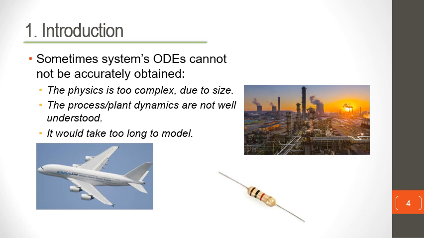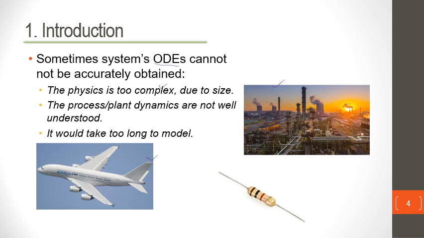Sometimes we have explained that it may not be so easy to get an ordinary differential equation or a transfer function or state-space model of a system because of many different reasons. One could be that the physics is too complex. One does not understand them, or there are too many interactions because the system or the plant is too big to the point that it's going to be overly complex to try and model from the basic sciences.